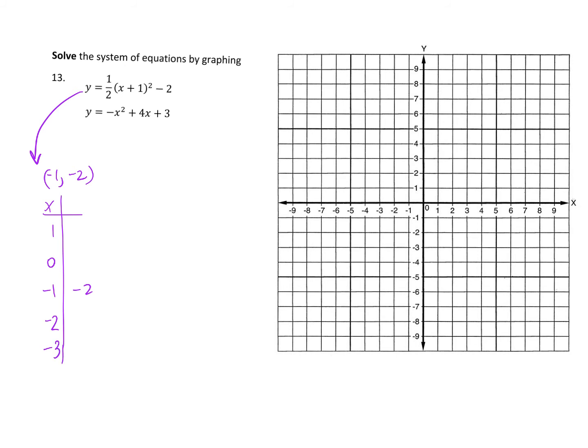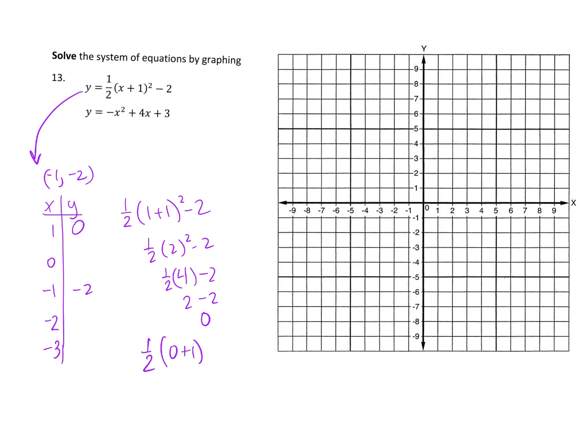Plug in 1: 1/2 times (1 plus 1) squared minus 2 is 1/2 of 2 squared minus 2, half of 4 minus 2, 2 minus 2 is 0. Plug in 0: (0 plus 1) squared minus 2, 1/2 of 1 squared minus 2, 1/2 minus 2 is negative 1.5.